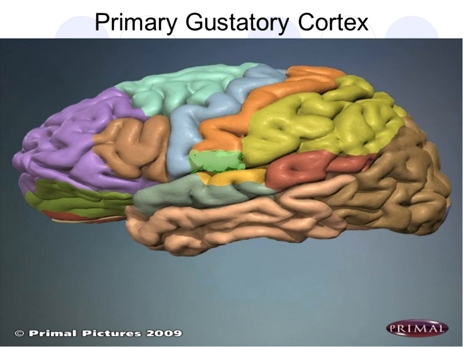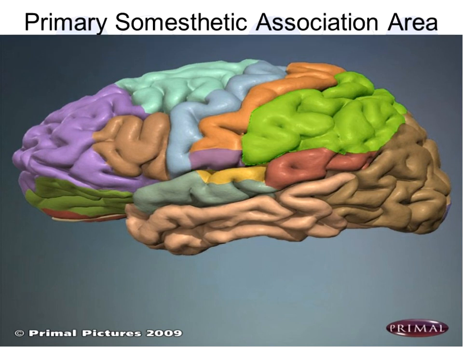And that's for taste, because if you look at the homunculus in figure 2.6a, you see that the mouth is located down at the bottom of both the primary motor strip and the primary somatosensory strip, or at the area of the lowest part of the precentral gyrus and the postcentral gyrus. Any questions about that? Okay.